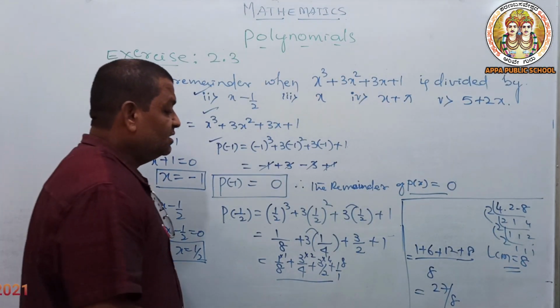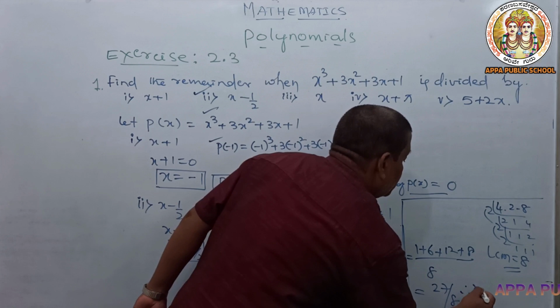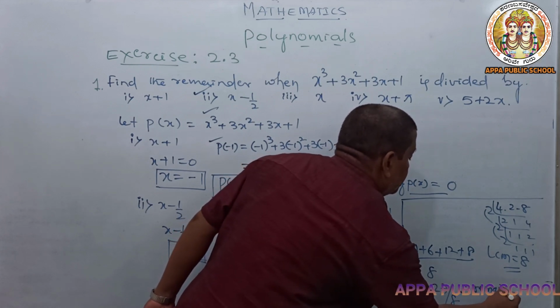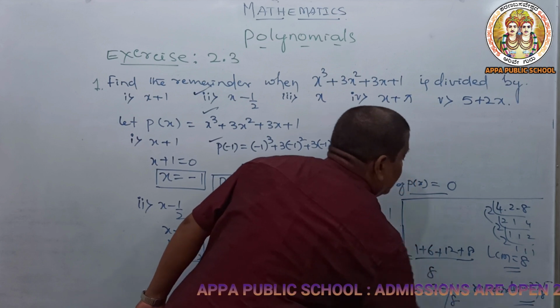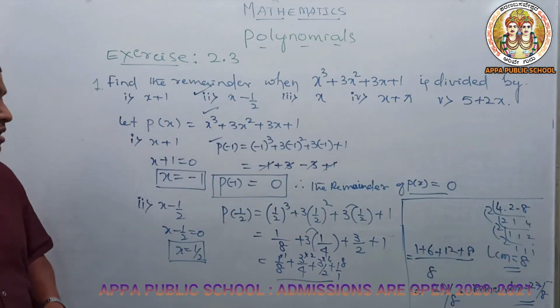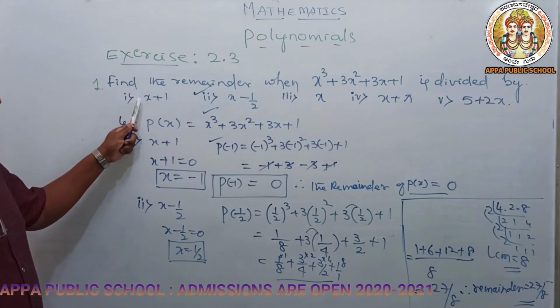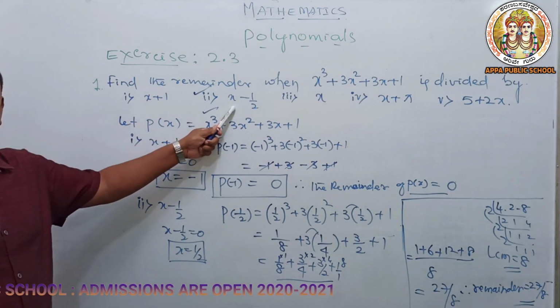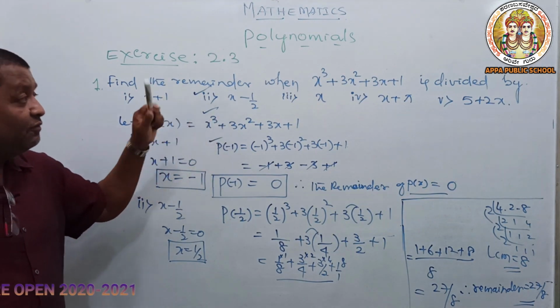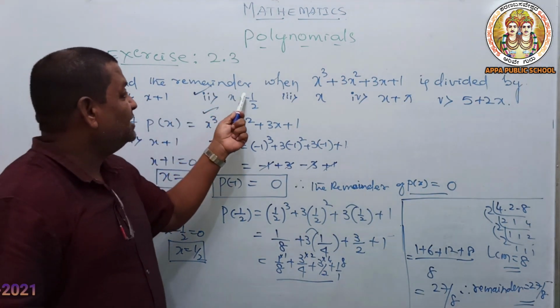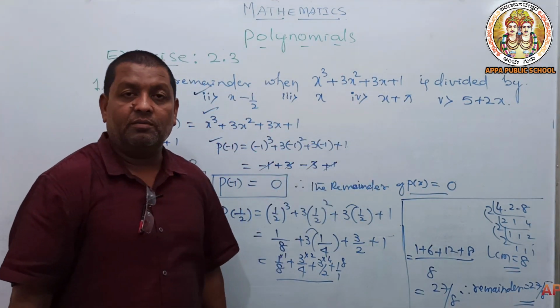So what is the remainder? Therefore, the remainder is equal to 27 by 8. Here I took two sums. By using these two linear polynomials, I found the remainder of the given polynomial.